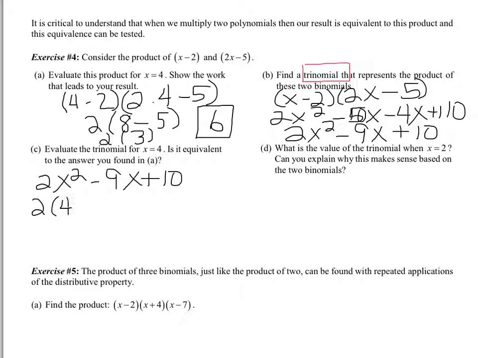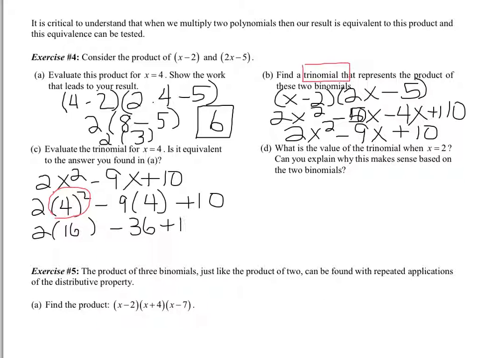So 2 times 4 squared minus 9 times 4 plus 10. Don't forget that the exponent only works with the 4 here, so I'm going to have 2 times 16 minus 36 plus 10. Continue with order of operations. I have a negative 4 plus a 10, and that is 6.